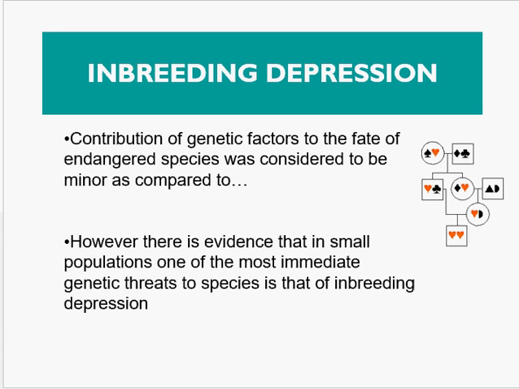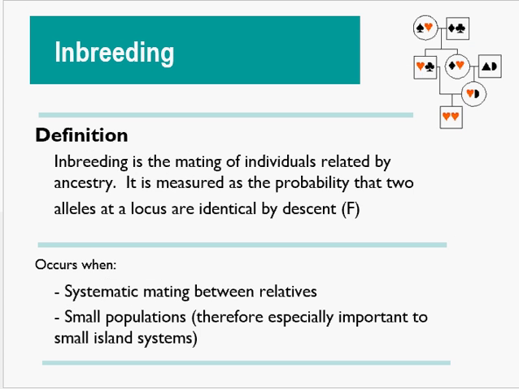So inbreeding depression, what is inbreeding depression? Well, basically, inbreeding, first of all, is the mating of individuals related by ancestry. It is measured by the probability that two alleles at a locus are identical by descent. So it basically means that if you have a diploid organism, both of the alleles at the locus on both of the copies of the gene are identical. In other words, the organism is homozygous for that particular locus.